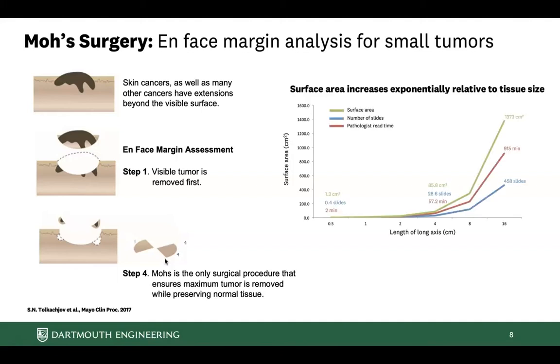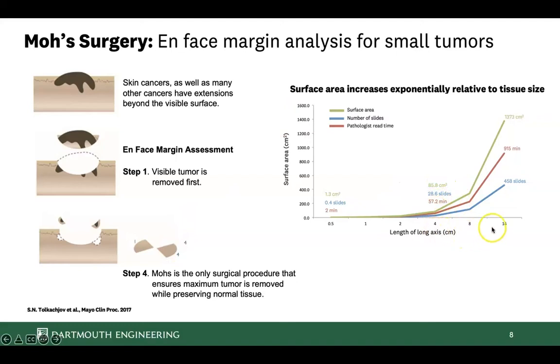In addition, the more margins that we have, and the larger the tumor, and the more times the surgeon has to go in and take another margin, means that we have an additional number of slides that need to be read. So in a typical tumor that is 1 to 4 millimeters in diameter, you can read up to 30 slides per patient.